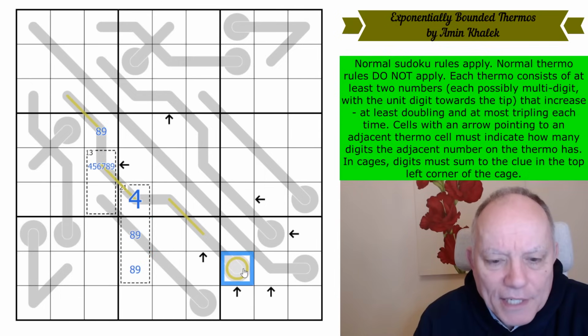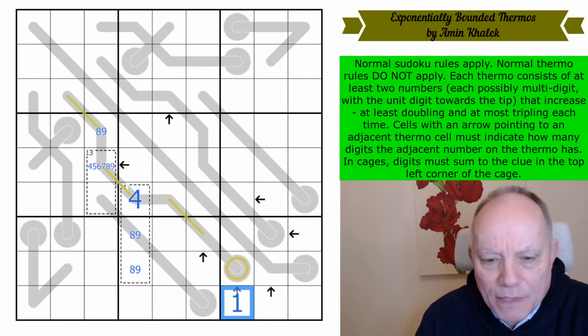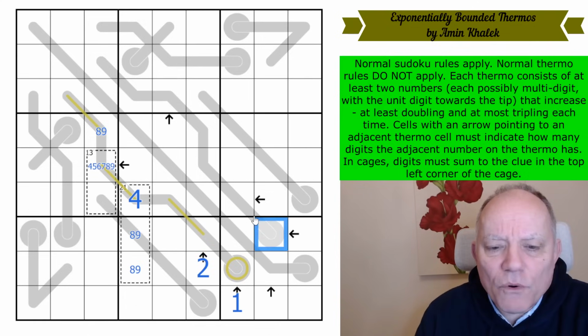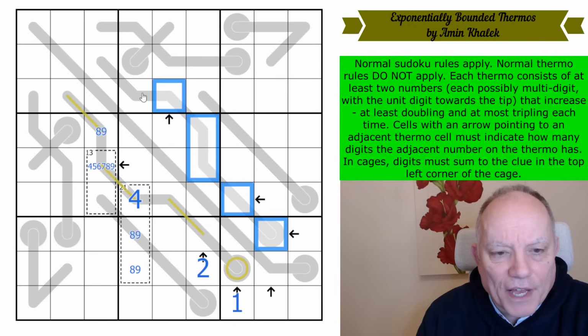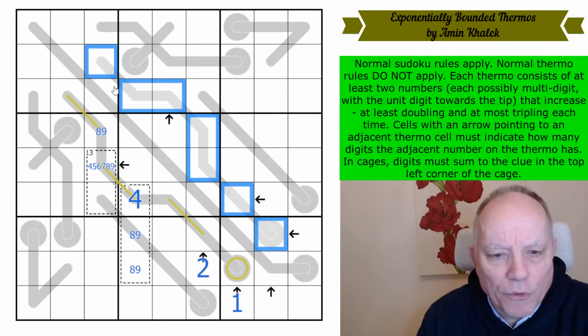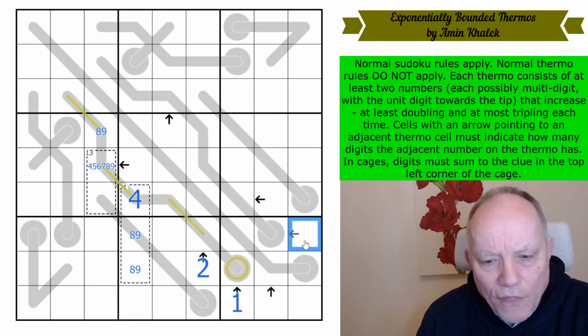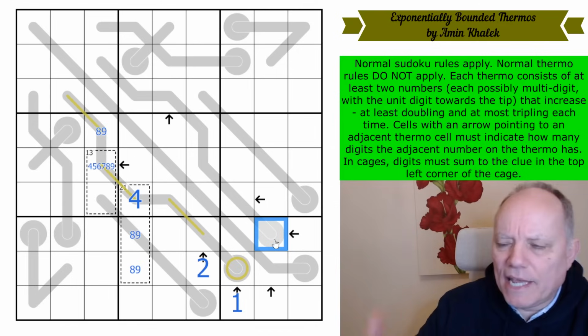This cell is pointing at that digit, and this cell is pointing at that digit, and we know how long their numbers are. Now, unfortunately, this other 7-cell thing does not pass through a cage. However, we do know that that can't be a 1. So this can't be a 1-cell cage, a 1-digit, 1-cell length number.